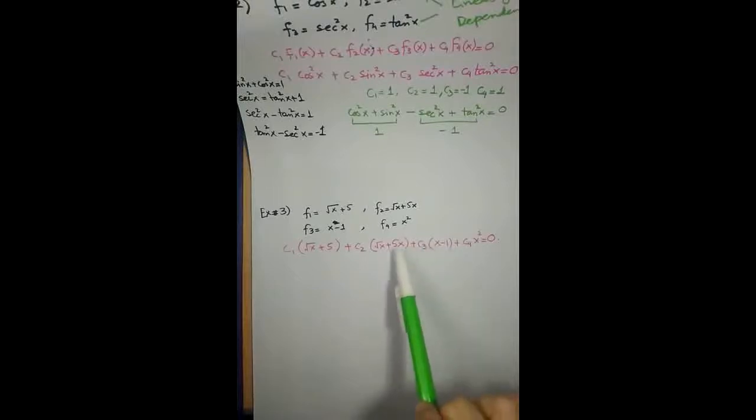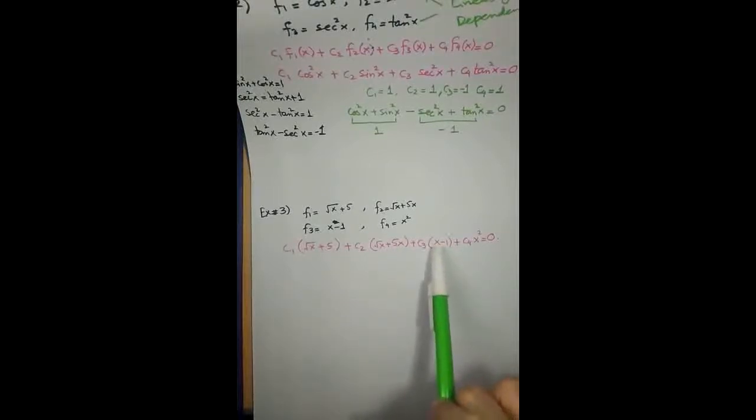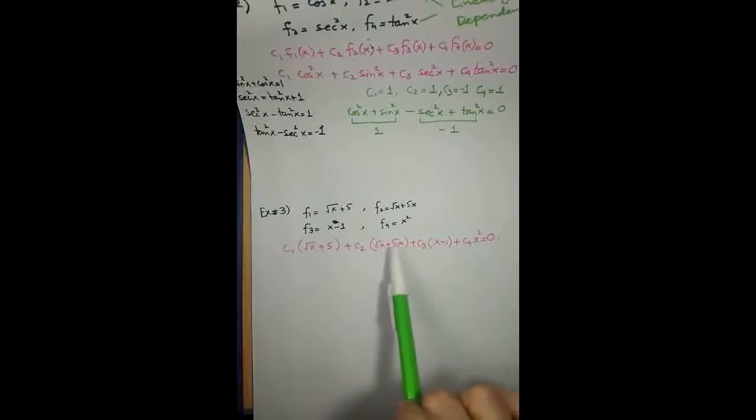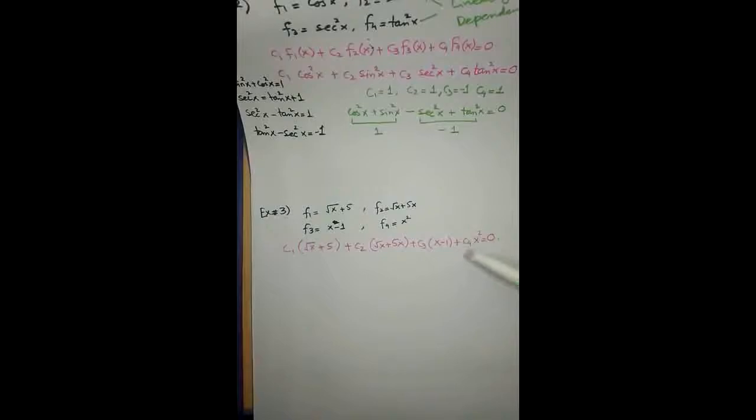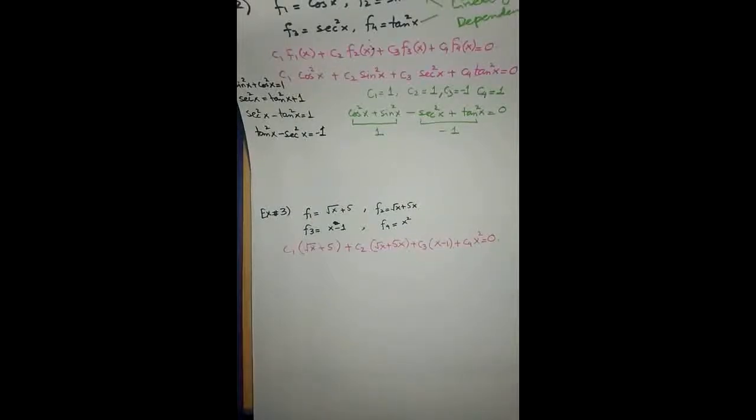So if I multiply this with 5, 5x with a specific value can be cancelled. And what else? x square. C4, I select c4 as 0 because it cannot be cancelled with any other vector.